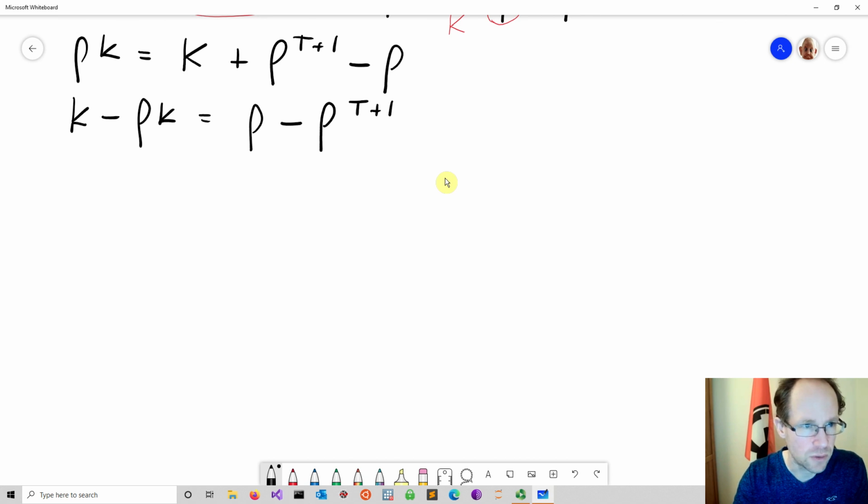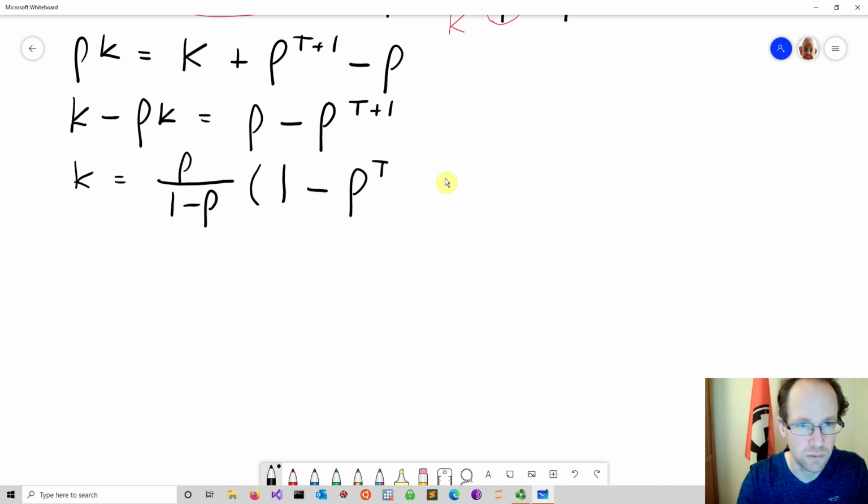K is then equal to, taking rho out on the right hand side, rho times 1 minus rho to the power of T, all divided by 1 minus rho. Good, and now the only thing left is to substitute this back.